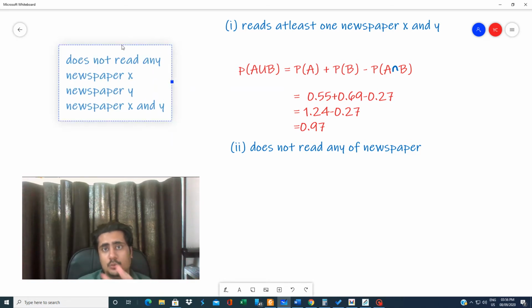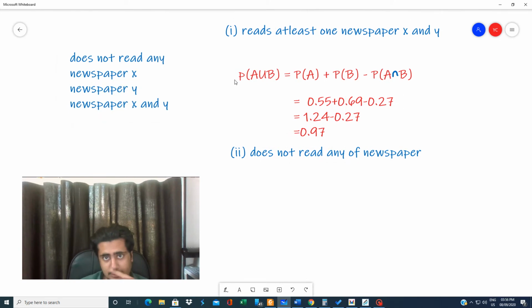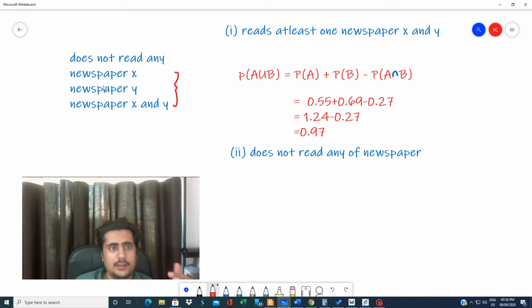You have found the union. What does union mean? Union means you are reading at least one. So at least one covers X or Y, X and Y. This is the union actually. Now see, these four are the total possibilities, so the total probability should be one. Now this is the union, and they are asking that he does not read any newspaper. That means they are asking the complement of the union. You got my point. These three are the union.